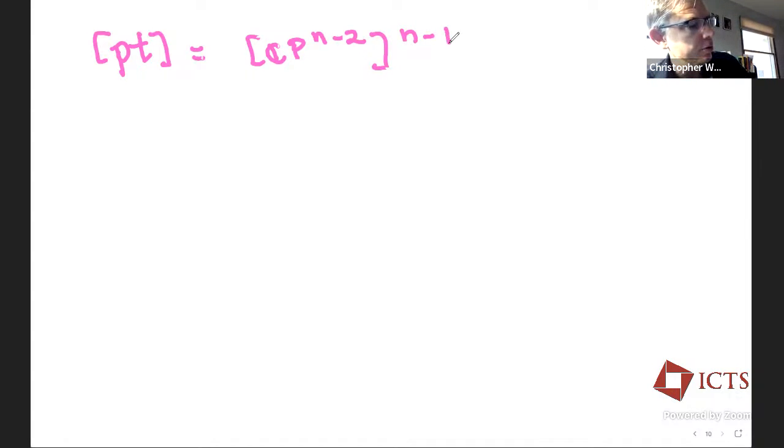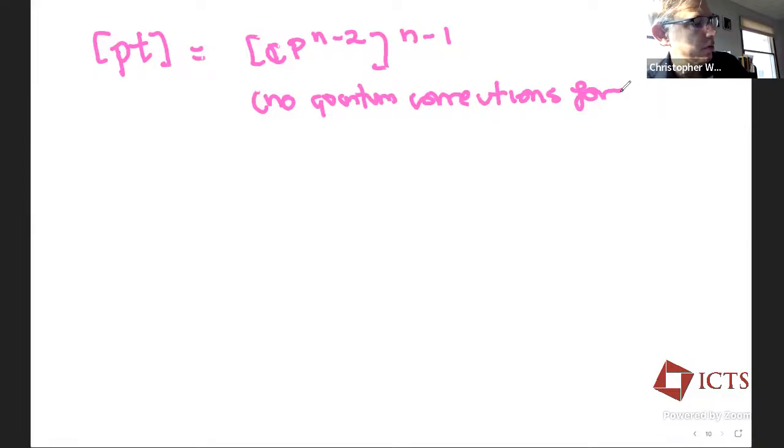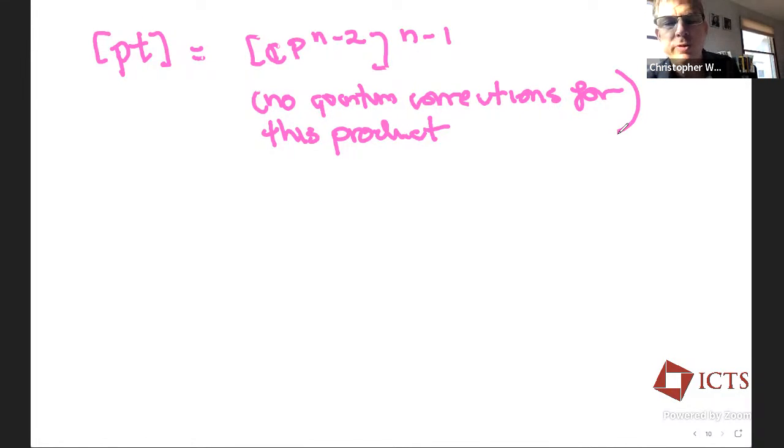So there are no quantum corrections for this product. You can see that the first quantum correction is the one that I drew on the previous page.